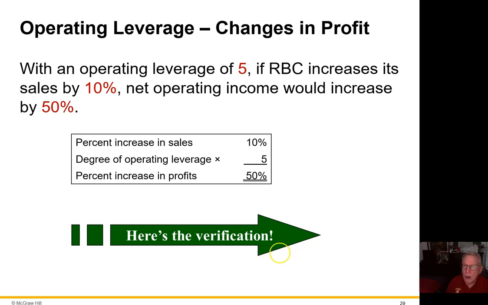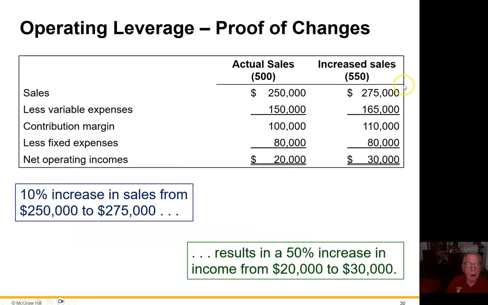Okay, with an operating leverage of 5, if RBC increases its sales by 10%, net operating income is going to increase by 50%. That's 10% times 5 here. And here's the verification. Here, we've increased our sales by 10%.